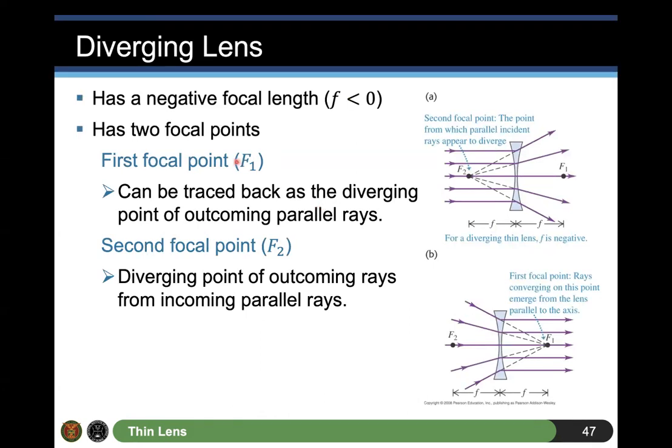The first focal point can be traced back as the diverging point of outcoming parallel rays. So this is the incoming, it refracts, this is the outgoing. Where the outgoing rays intersect when traced back, that's where the first focal point is. The second focal point, oh, it's the opposite. So this is F1. And F2 is where they diverge from.